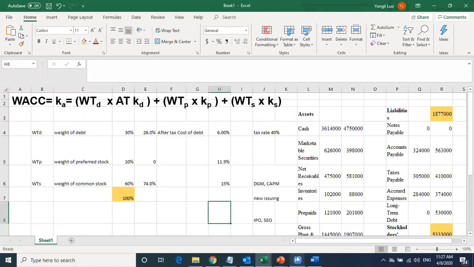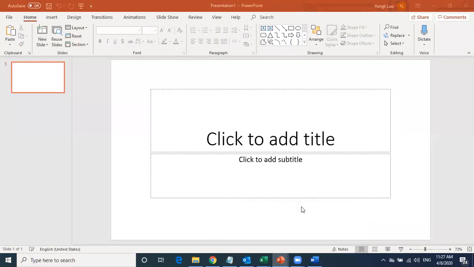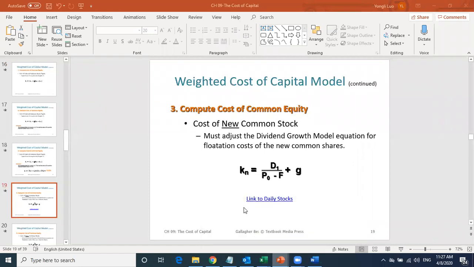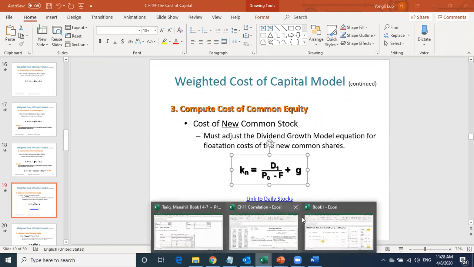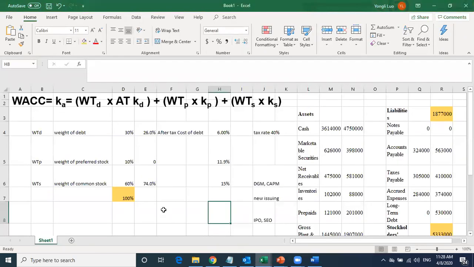So the new issuing cost we can get using this function. You can see you have the current stock price and the flotation cost, so you can get the new issuing cost.